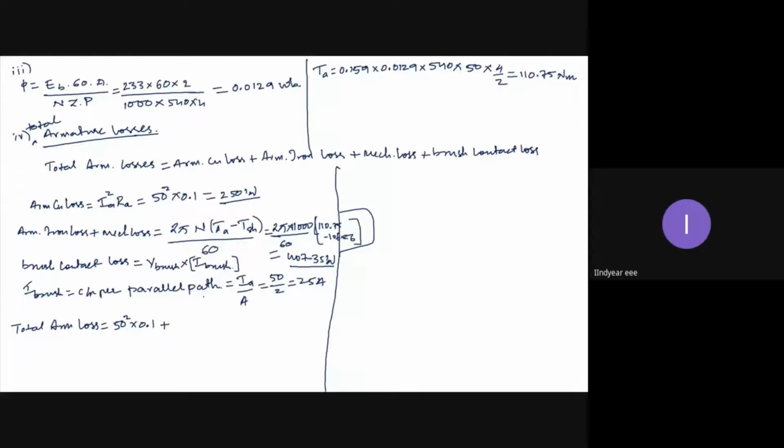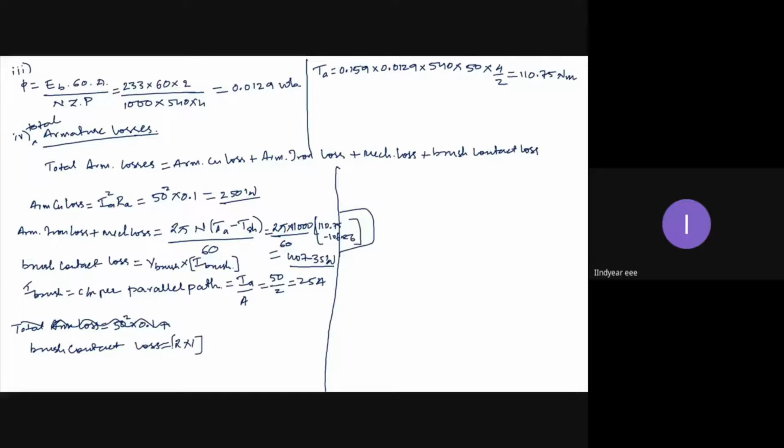So I brush into parallel path. This I can write, brush contact loss is equal to, when there are two brushes, multiplied by voltage per brush is 1 volt into 1.